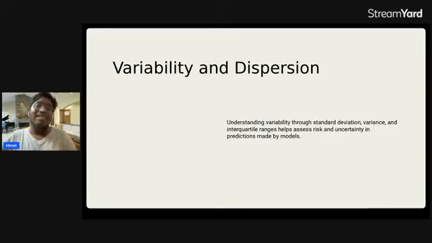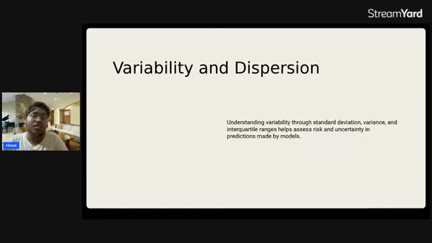So, what is variability or dispersion? Understanding variability is key. Measures such as variance, standard deviation, and interquartile range, or IQR, allow us to grasp the spread or dispersion of data. This understanding is critical in assessing risk and uncertainty, determining model robustness, and identifying outliers.